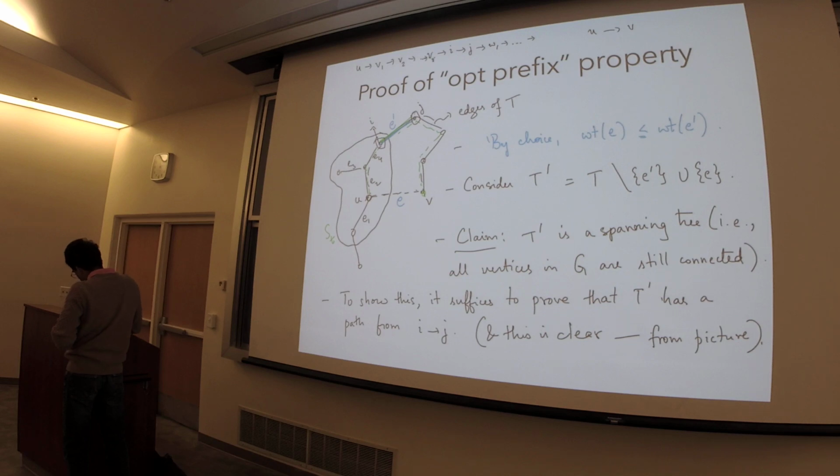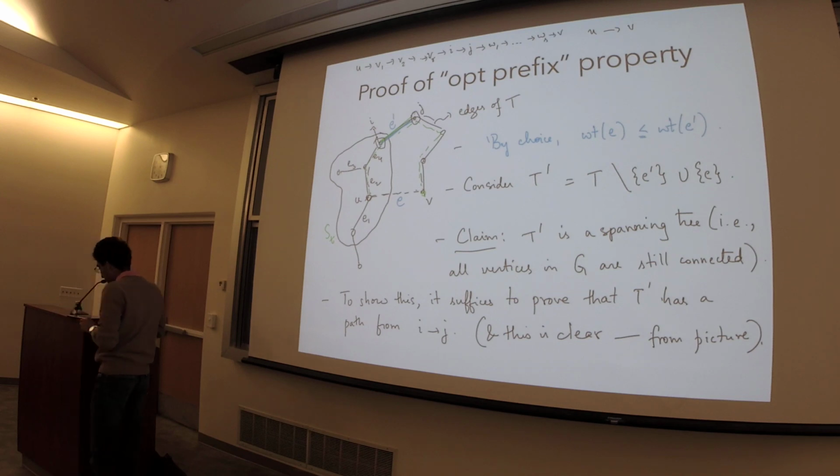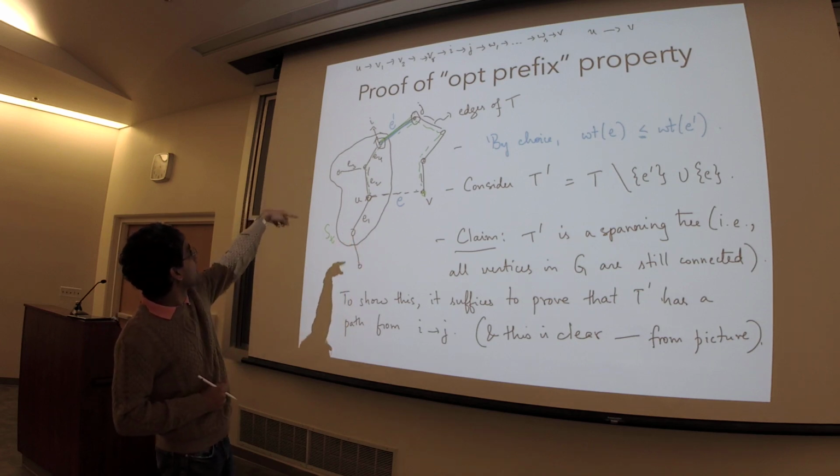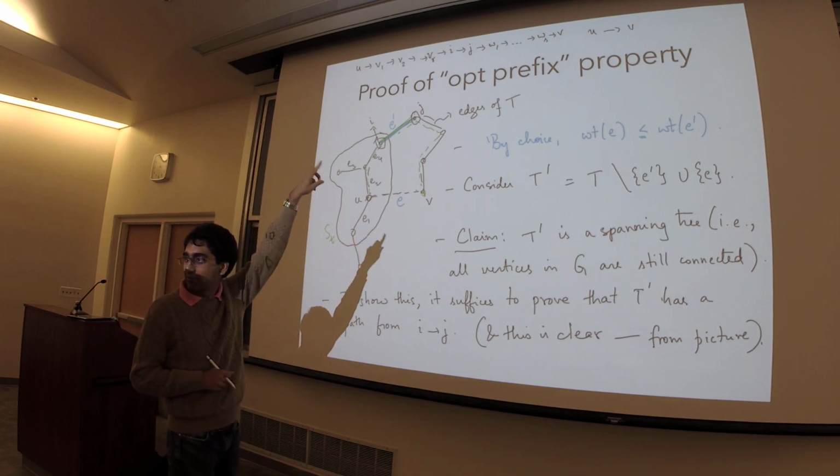Let's name this up to some W_S. From this point you hit V. Okay, so I'm just naming that path. You're naming all the vertices on that path.